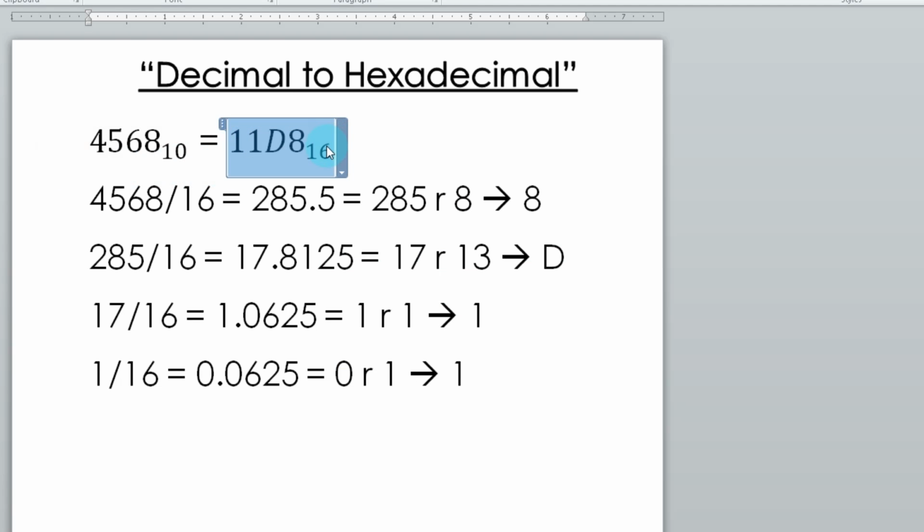So that's basically how you convert decimal to a hexadecimal number. The most important thing in converting decimal to hexadecimal is to know the value of every hexadecimal character, especially from 10, which becomes A, until 15.